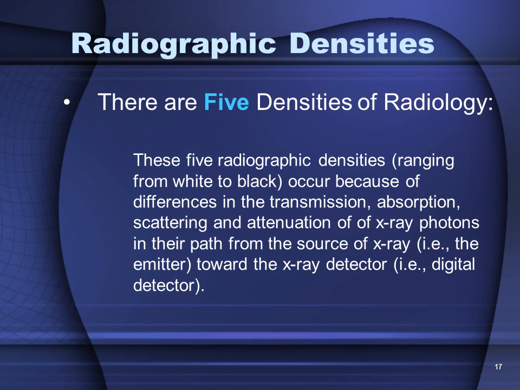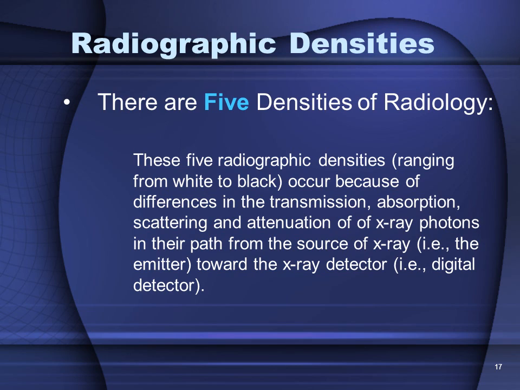These next few slides are critical slides, critical information, and you, the student doctor, need to get it. You need to understand it. So in radiology, we speak of 5 densities. And these densities range from white, or most radioopaque, to black, or most radiolucent.